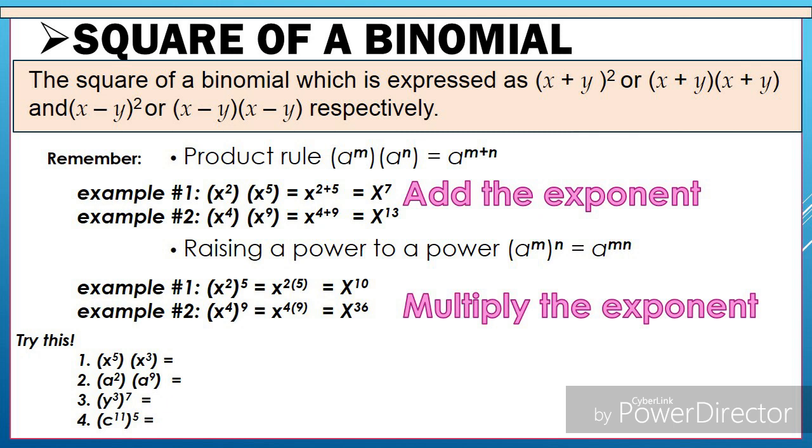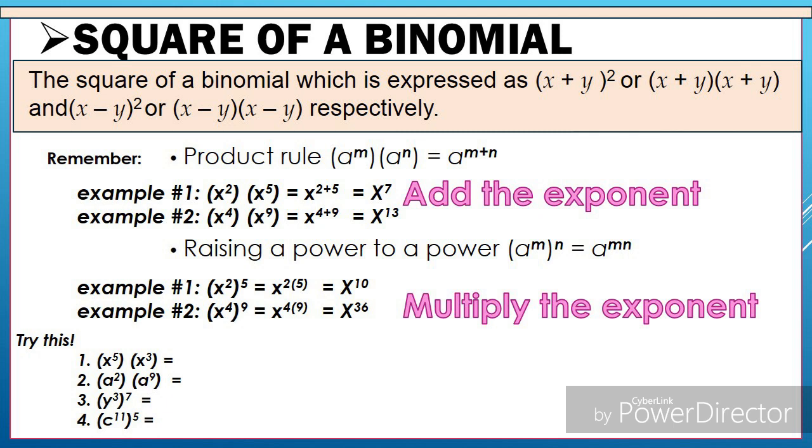Okay, next, law of exponent, raising a power to a power. We have the quantity of a raised to m raised to another power n. Then we have a raised to mn. So, ang gagawin naman natin dito sa exponent is to multiply. Okay, example, the quantity of x squared raised to the 5th power is equal to x raised to 2 times 5.